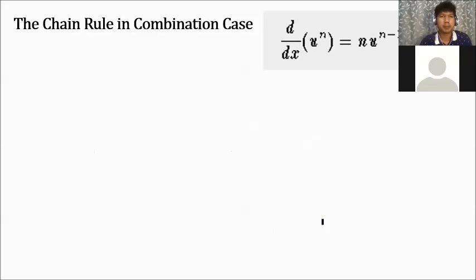So the chain rule, we already discussed it a little bit yesterday. So we have already discussed the chain rule in combination case. So for example, you have y is equal to 3x plus 1 raised to 5. So in our combination case yesterday, that is equal to u to the n minus 1, then the derivative of u.